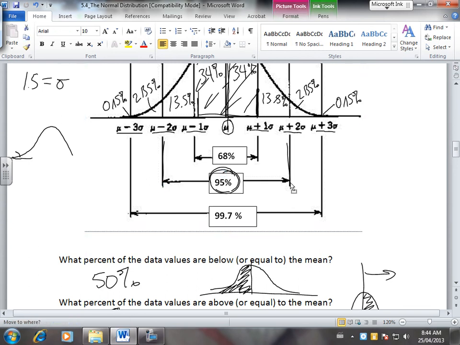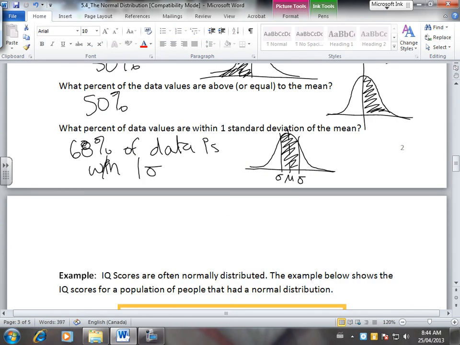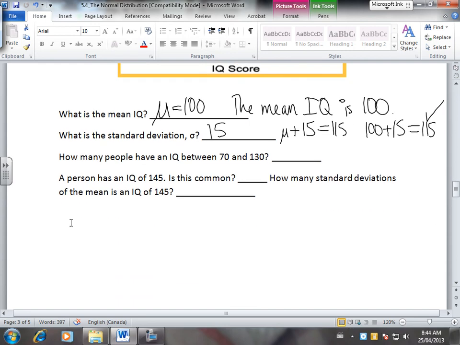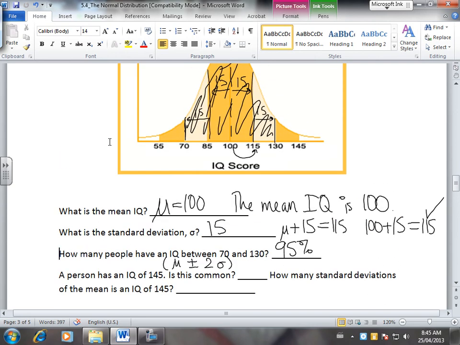So this line here is mu plus or minus 2 standard deviations, and that will be 95%. Okay, and we can then label on here.